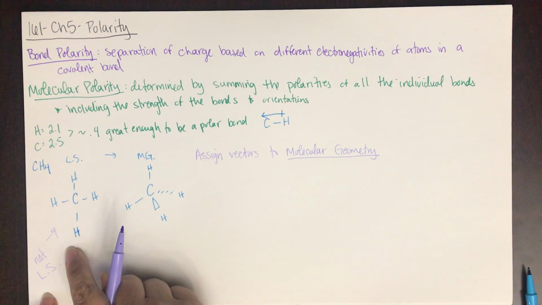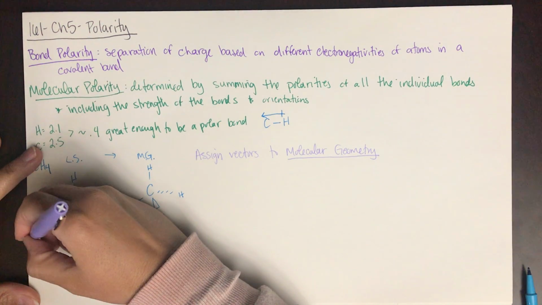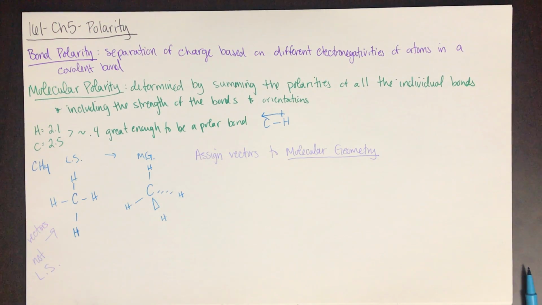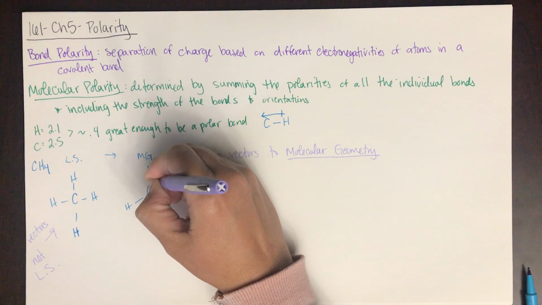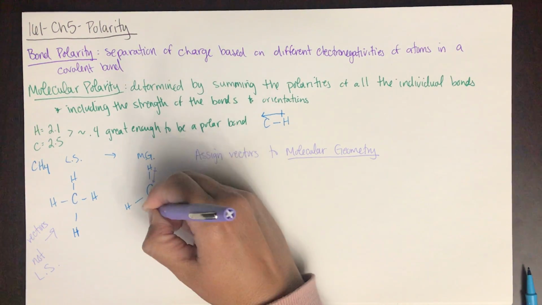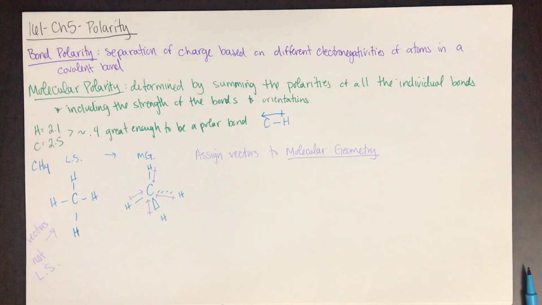Do not assign the vectors to the Lewis structure. So if we were to assign the vectors to the molecular geometry, we would do one for each bond, and then we're going to see what the sum of those vectors are. So for each of these bonds, the vector is going to be pointing towards the carbon because the carbon is more electronegative in each of these cases.